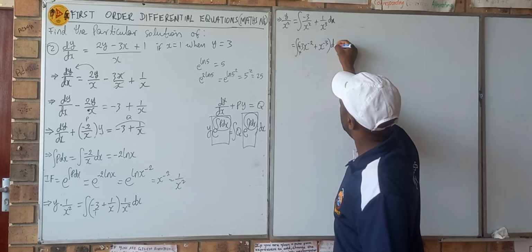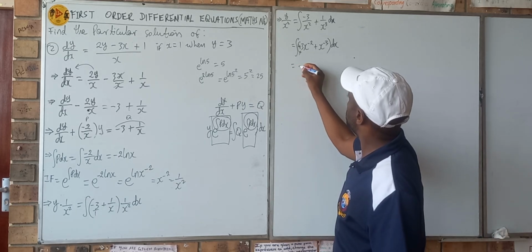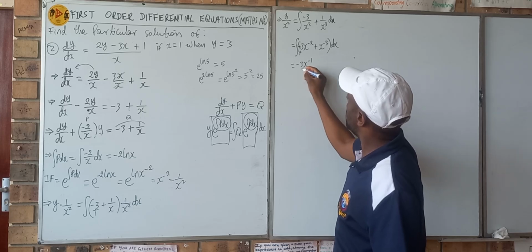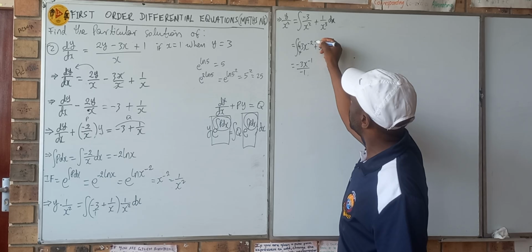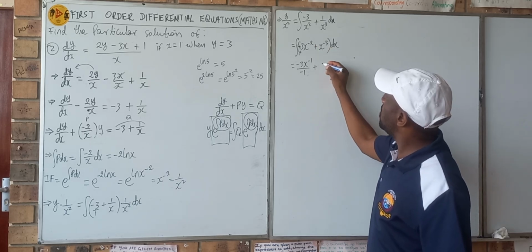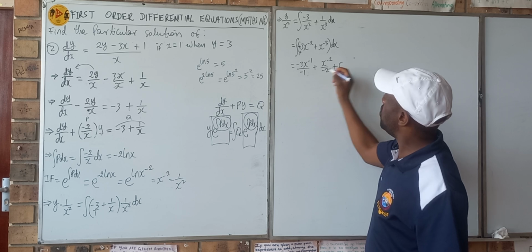So that is what I'm having to integrate now. If you integrate this, you'll get -3 x to the power -1 over -1, because we need to add 1 there, it becomes negative. Then plus x to the power -2 over -2, if you add 1 to -3 is -2, plus c.